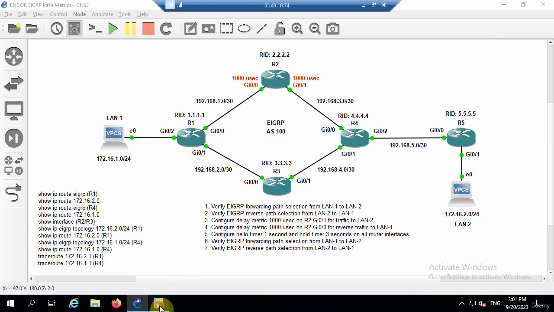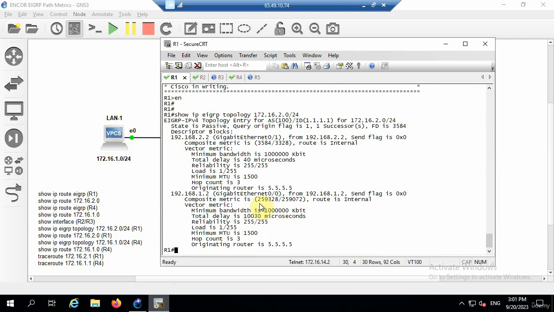That's the first thing you're going to note, because this metric down here is a lot higher. I mean, it's thousands. You notice the difference, 3584. That's the lower metric compared to this 25,9328 feasible distance. So this is a lot lower, and this is the selected route it's taking. That's going to end up in the global routing table.